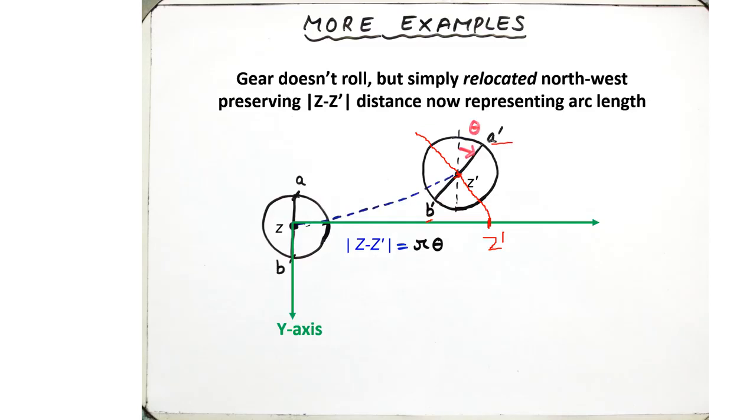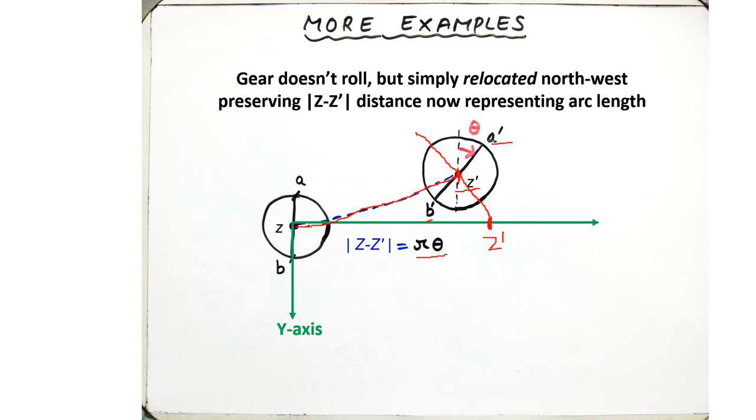And when we move the center from its previous position to this new position, one of the things that should also be preserved is that the arc length ZZ', this new Z prime, should be the same as before. That is r theta.